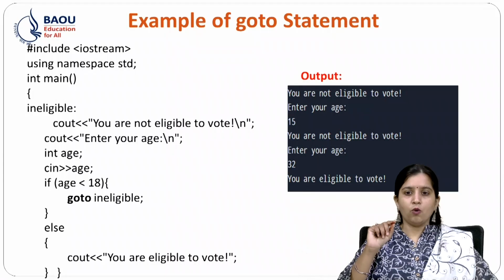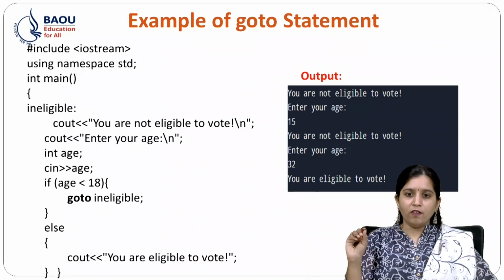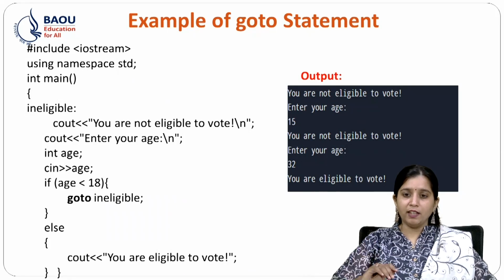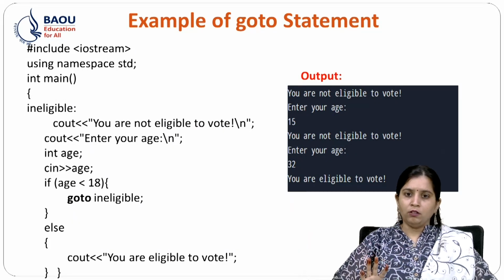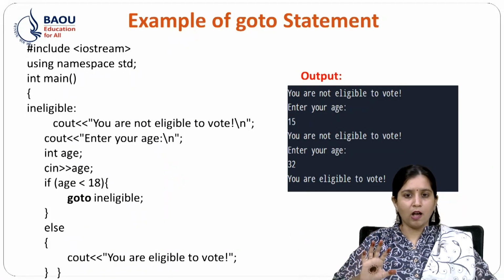So whenever a goto statement is there, this is its disadvantage: whenever the program runs, at least one time, the message will be printed. So you are not eligible to vote will be printed every time, whether the condition is true or not. This is the disadvantage of the goto statement, and that's why goto statements are not used nowadays.